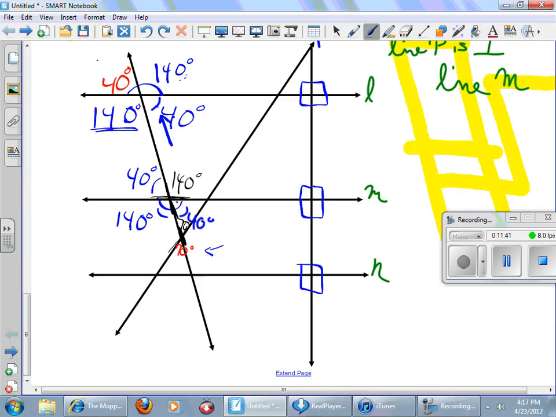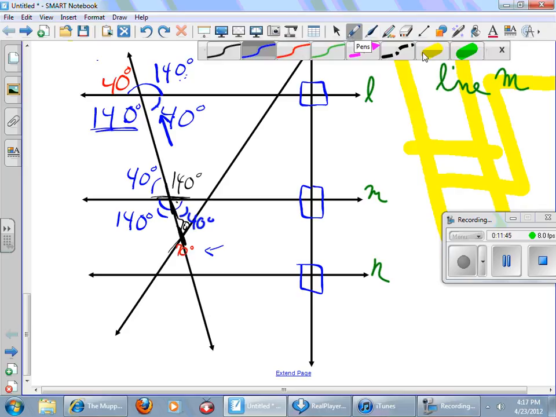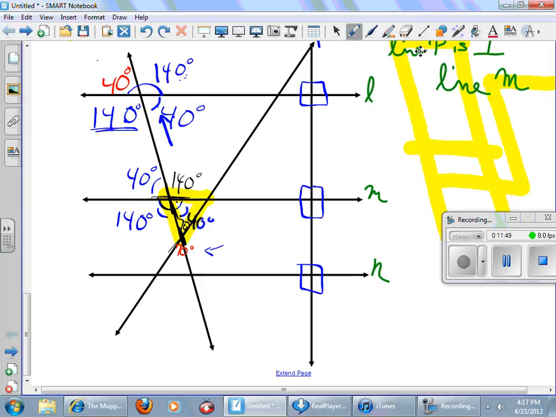So that one's 40, that one's 70. Hey, look at this. I've got a triangle. How many degrees in a triangle? 180 degrees, right? Well, if I add 70 and 40, I get 110. 180 minus 110 is 70. So that's 70 degrees. If that's 70, this guy has to be 70.